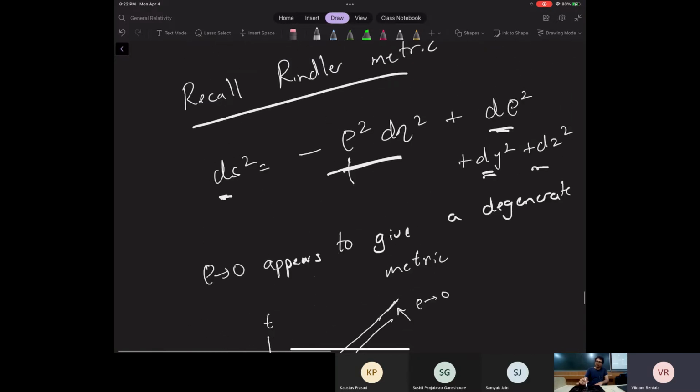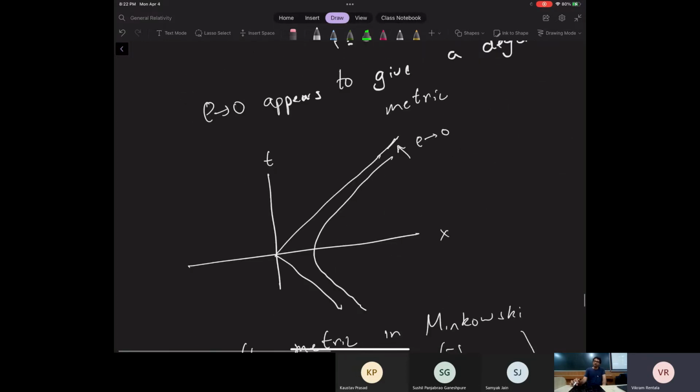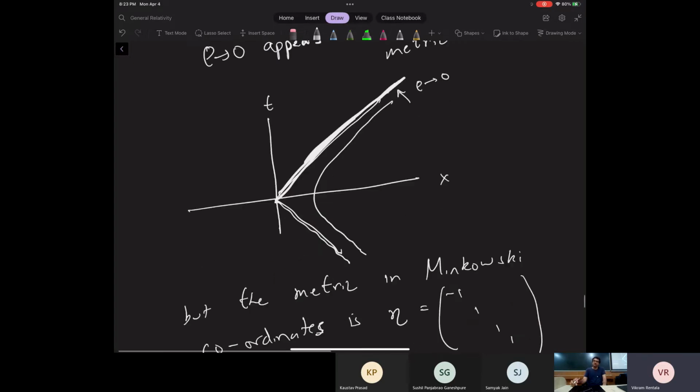And it appears that if you go to rho equals 0, you have a degenerate metric, that is, one eigenvalue is going to 0. But rho going to 0 means that you're going asymptotically to the hyperbola, which is on the Rindler horizon. But that Rindler horizon itself was not part of your Rindler coordinate chart, right? You cannot smoothly include that in your Rindler coordinate chart.